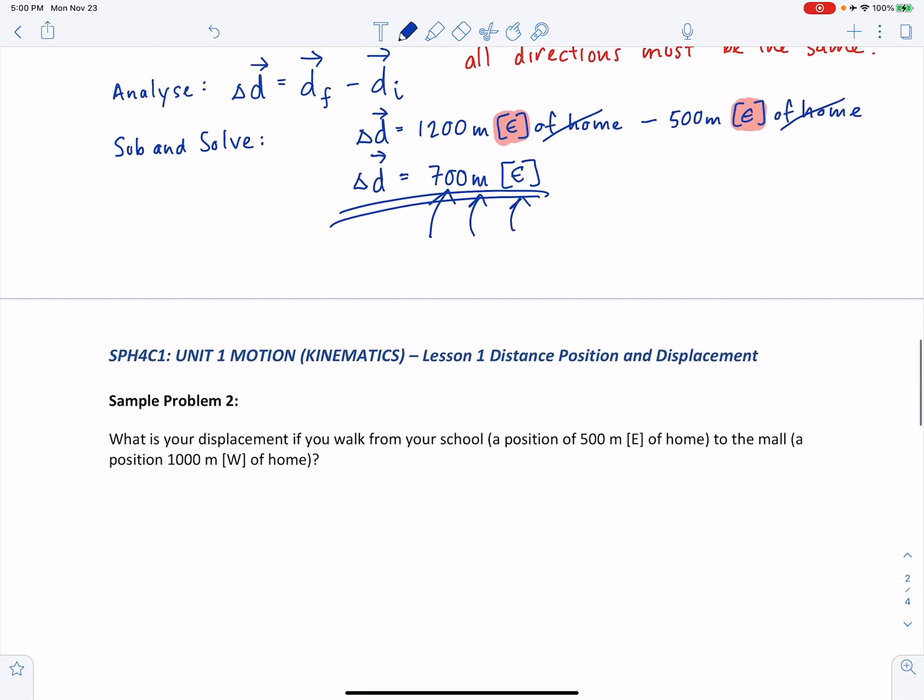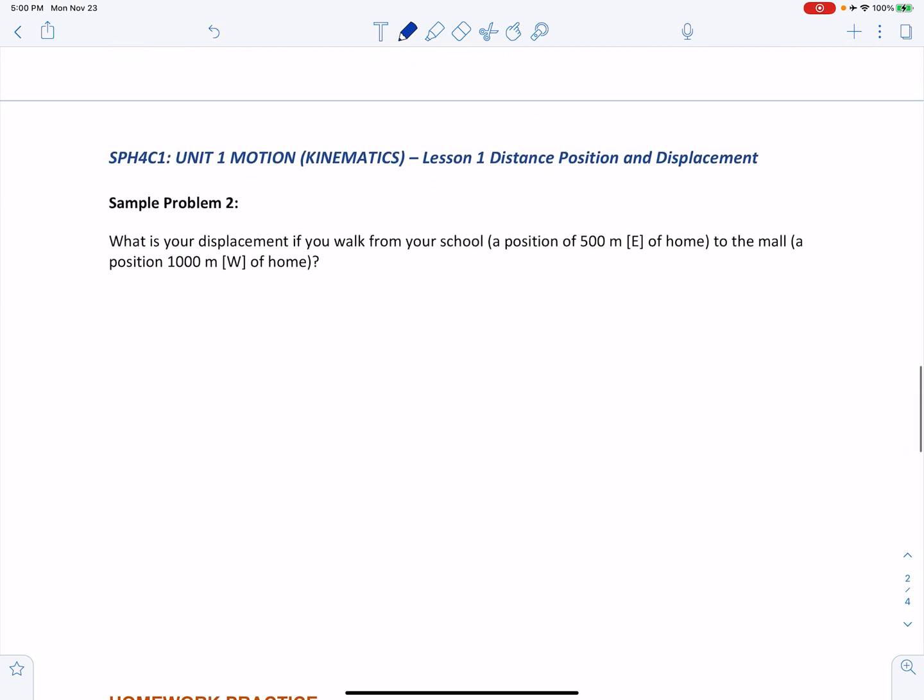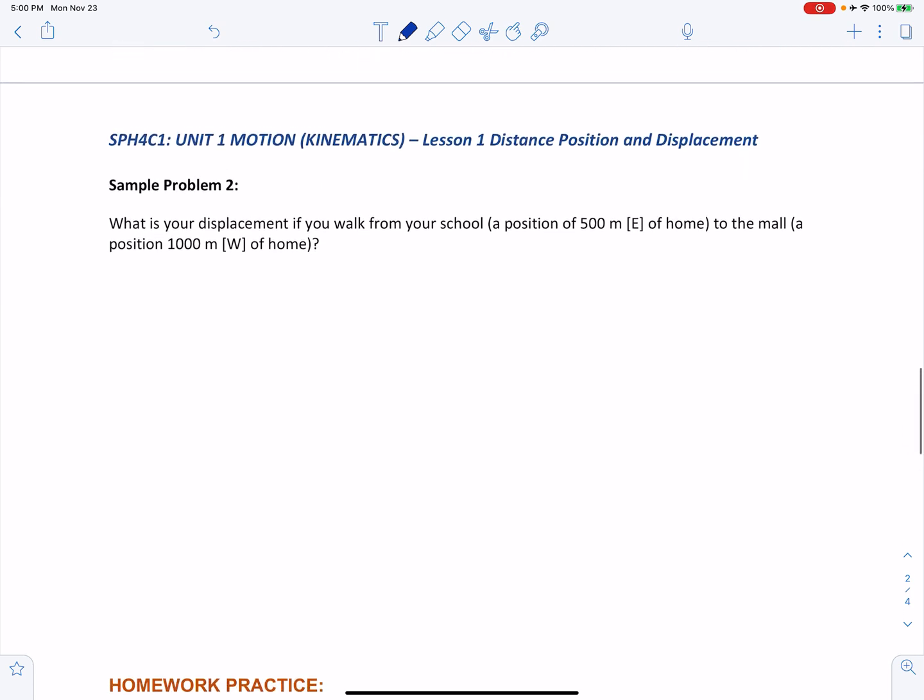Okay, let's try sample problem number 2. We're going to use the same diagram above. In sample problem number 2, it says, what is your displacement if you walk from your school, a position of 500 meters east of home, to the mall, a position of 1,000 meters west of home?